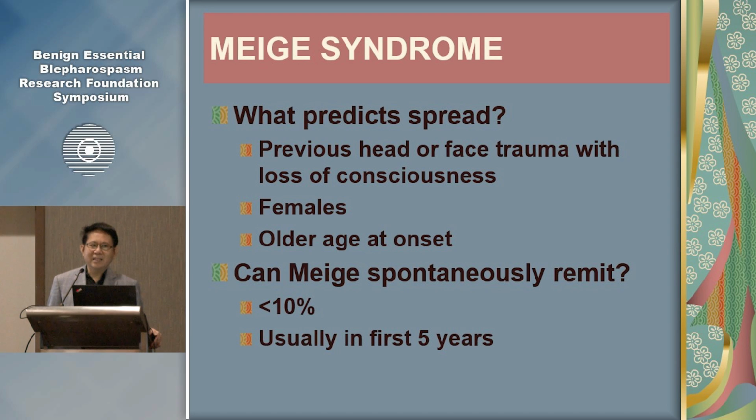In fact, some of my patients get lost to practice, and I try to figure out why they don't see me anymore. Did I follow up on the last Botox injections, or did I overdose, and the patient's not happy about the side effects? Then the patient comes back a few years later and fills me in as to what happened. Some of these patients say, well, your last shots were so good that I didn't need shots for the next couple of years. So that's spontaneous remission. It's kind of rare, to be honest.